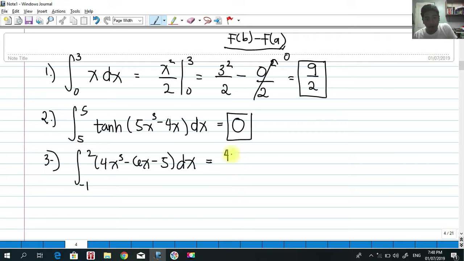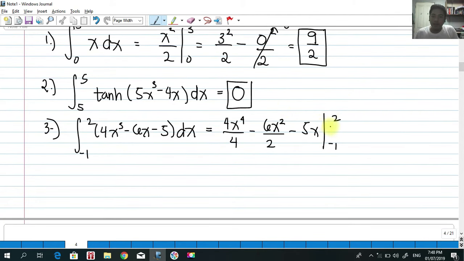So we have 4x raised to 4 over 4 minus 6x squared over 2 minus 5x evaluated from -1 to 2. Before we evaluate the limits, let's simplify this. The 4's will cancel, and 6 divided by 2 is 3. So we have x raised to 4 minus 3x squared minus 5x evaluated from -1 to 2.